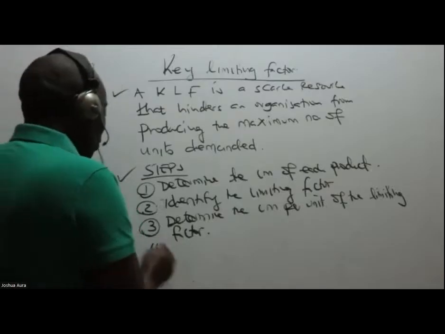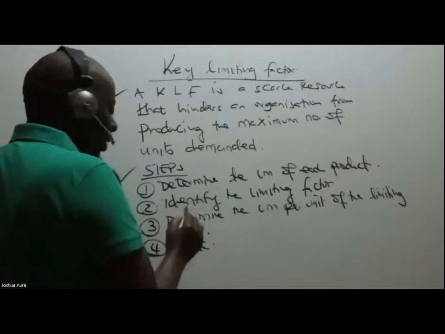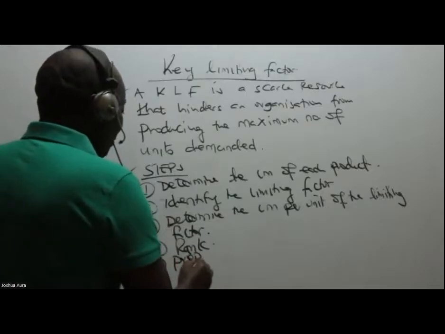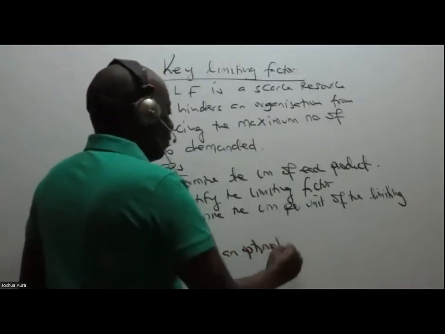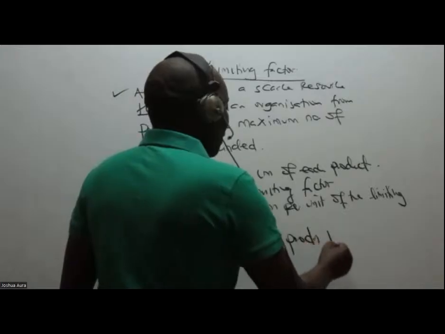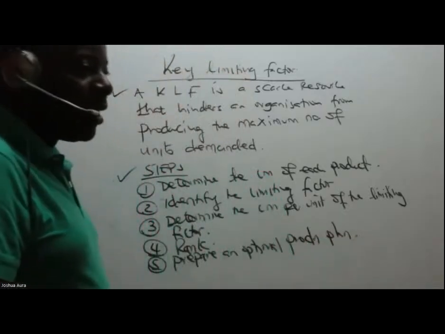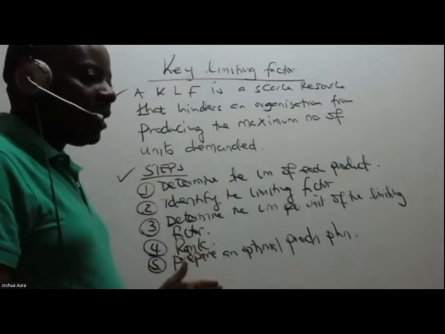Number four, you rank on the basis of three above. Rank them. And then number five, you prepare an optimal production plan. That's how we get our key limiting factor production plan.